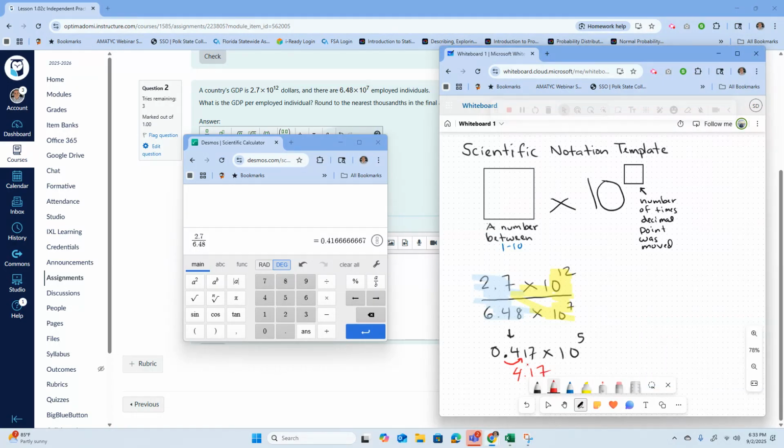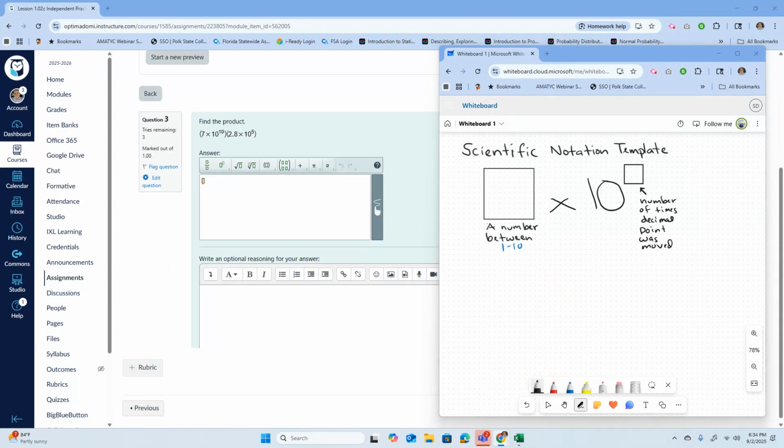And 4.17 is between 1 and 10. Now, when you move the decimal point to the right, it means you have to subtract 1 from the exponent. I move it 1 time to the right, I subtract 1 from the exponent. So now I'm going to have 4.17 times 10 to the 4th power. And that's how you do problem number 2.